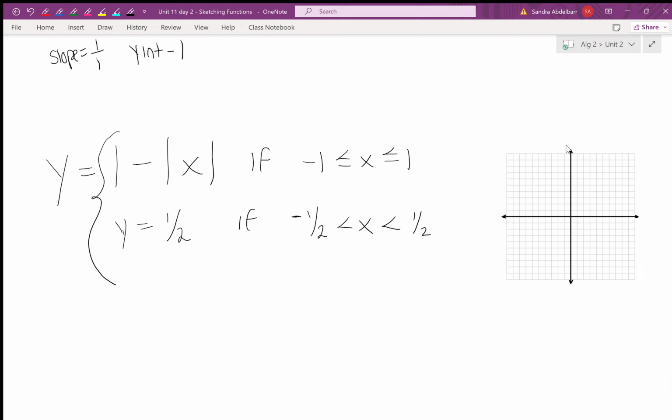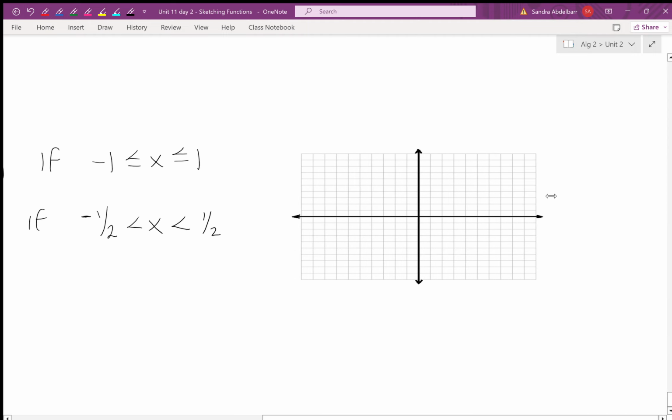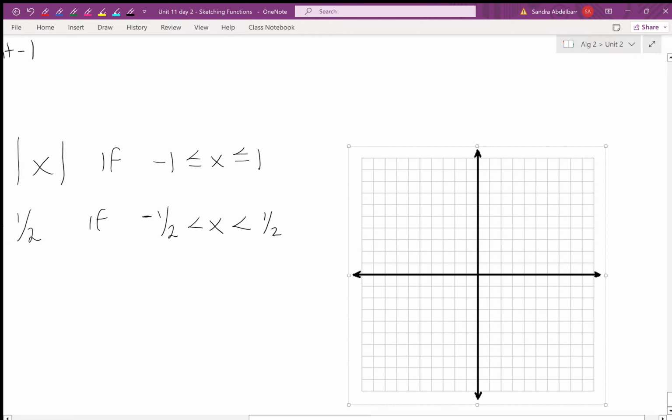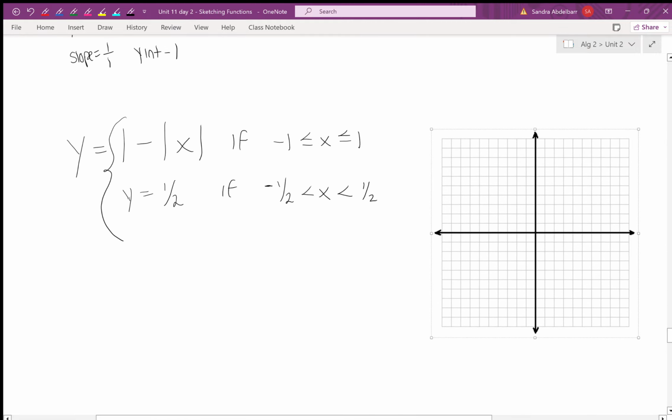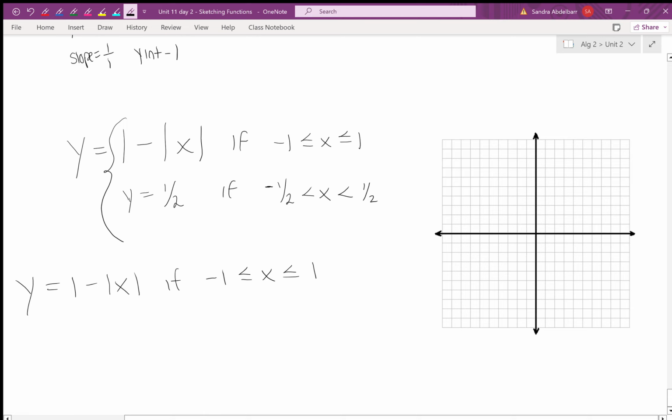So the first one might look intimidating, but it shouldn't. Hold on, let me fix my graph to make it bigger so y'all can see what I'm going to do. Okay. So let's look at the first one. y equals 1 minus the absolute value of x if negative 1 is less than or equal to x, which is less than or equal to 1.